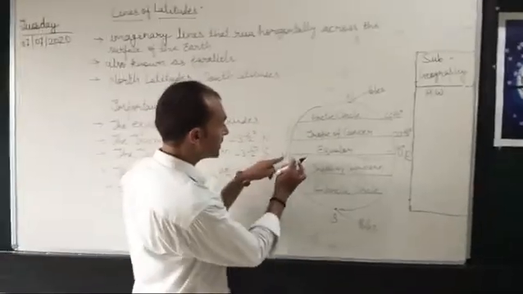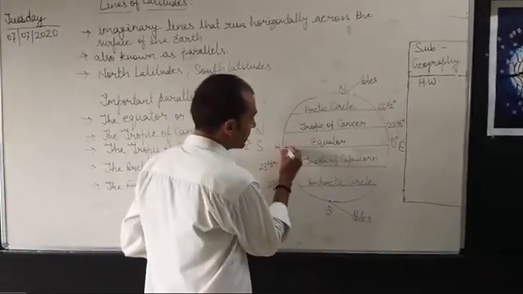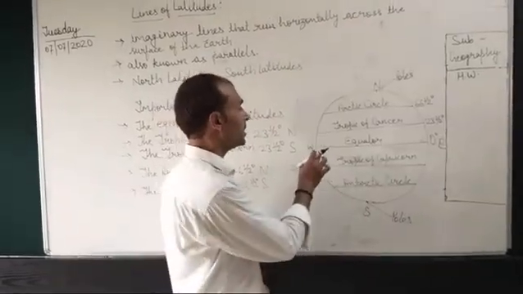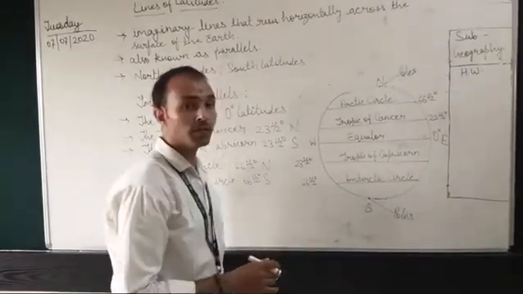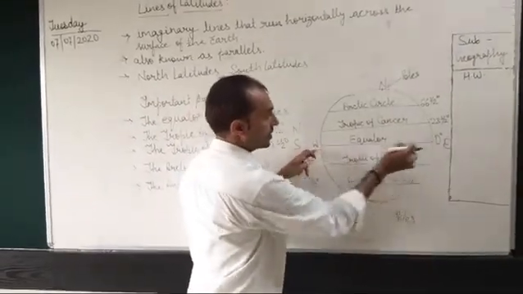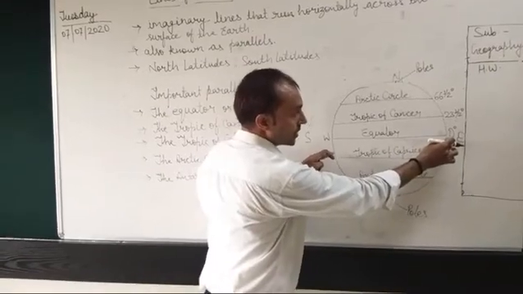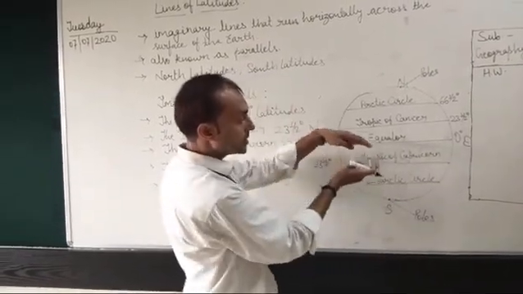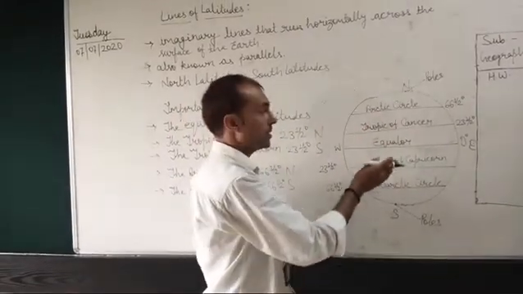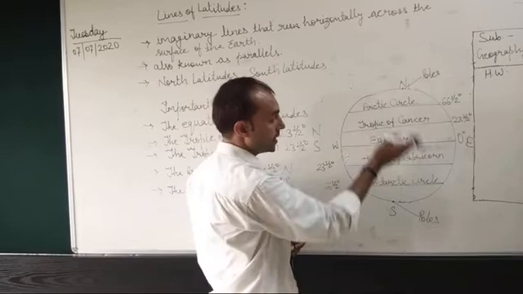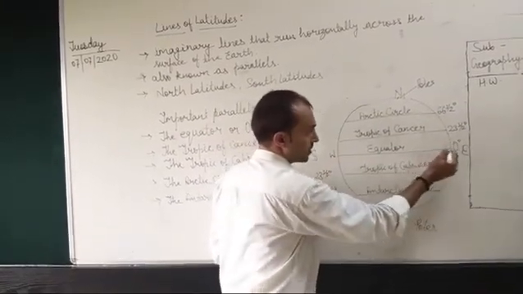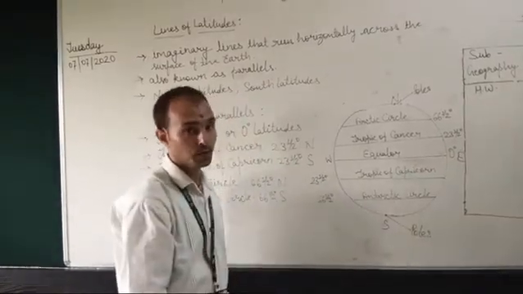I just reminded you of the points of reference or the features of the globe, that there is an imaginary line at 0 degree. It divides the globe into two equal parts, that is northern and southern hemisphere. This imaginary line is called your latitude.